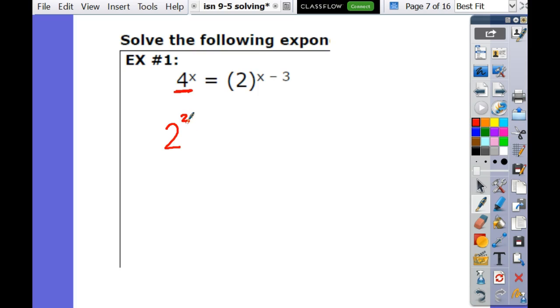You have to replace it, substitute in something that is equal. Then you have to remember your exponent rules. Your exponent rules say that you multiply the exponents together.